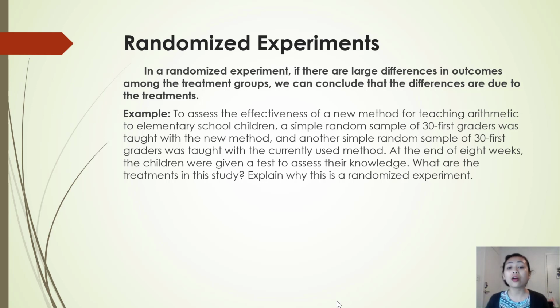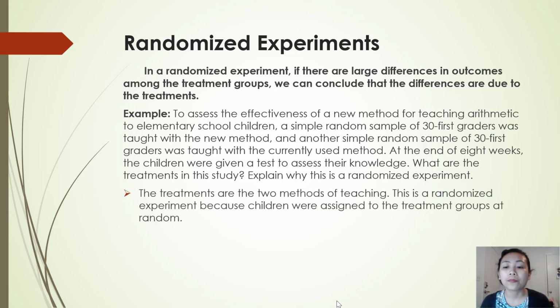So in this case, we are the investigator and we decide the treatment. So this is a randomized experiment. The treatments are the two methods of teaching. This is a randomized experiment because children were assigned to the treatment groups at random. The investigator decides which treatment is given to each group.